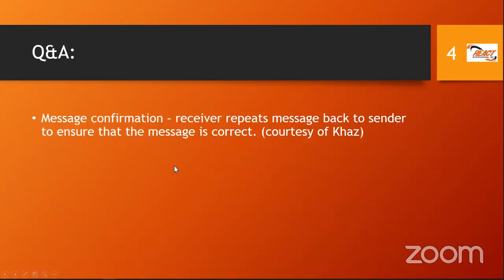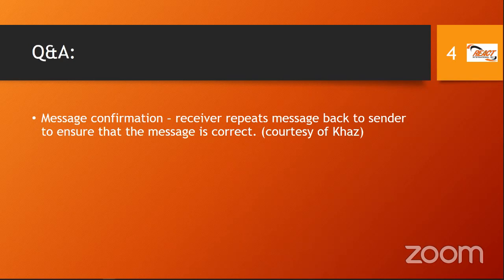So class participant Kaz made mention of something that I thought would be useful to pass on to the class. This was when we were talking about how to improve the reliability of messages passed, and we had talked about using the phonetic alphabet to spell words that may be unclear.